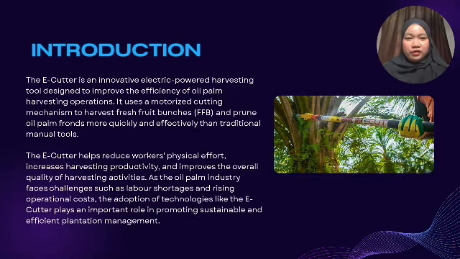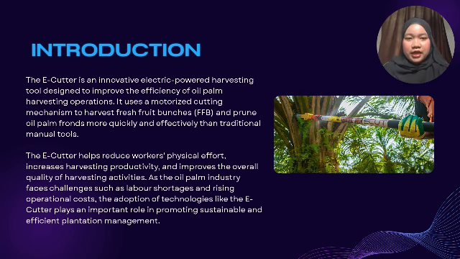So next, we move to the introduction of the e-cutter technology. The e-cutter is an innovative electric power harvesting tool designed to improve the efficiency of oil palm harvesting. It uses a motor cutting machine to harvest fresh fruit bunch and also prune oil palm frond more quickly and effectively than traditional manual tools.